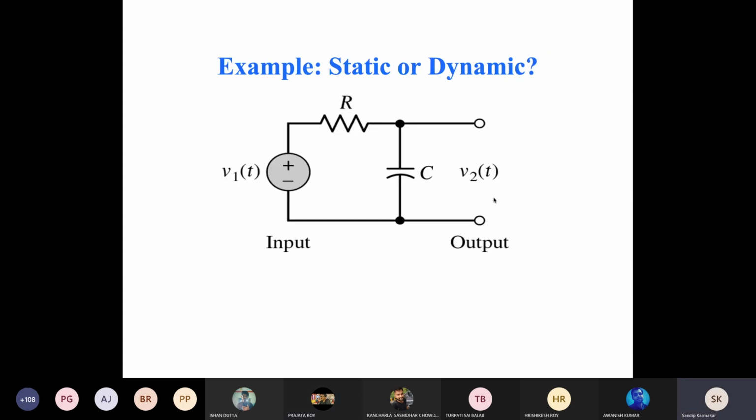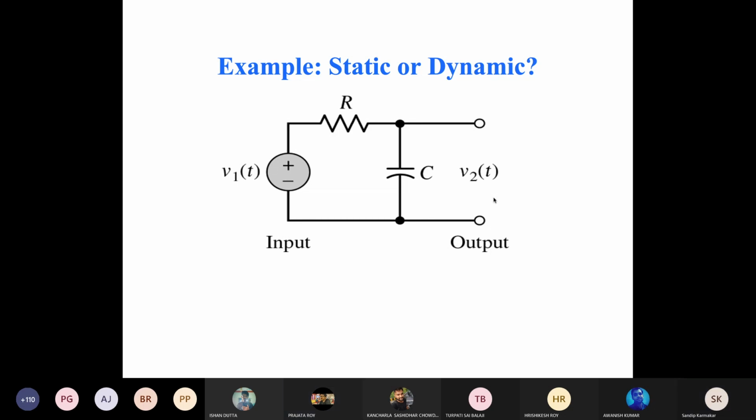Okay. Example, is this a static system or a dynamic system? V1 is the input signal. V2 is the output signal. So it's dynamic, sir, because past values also matter over here.